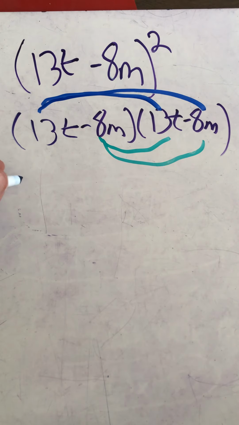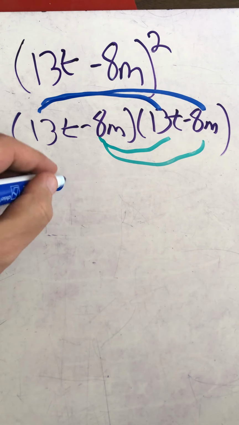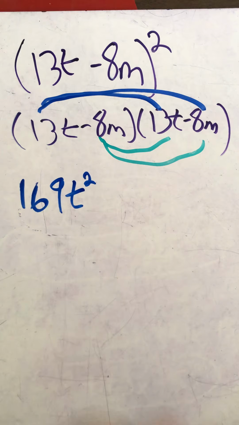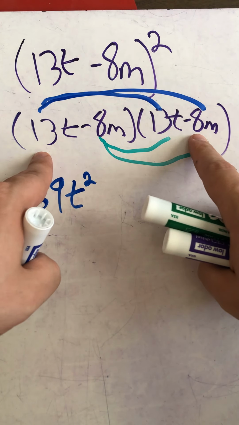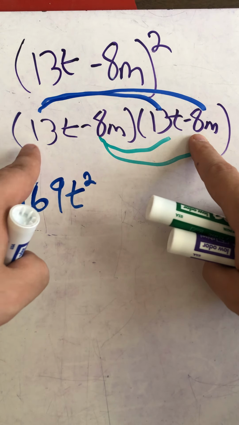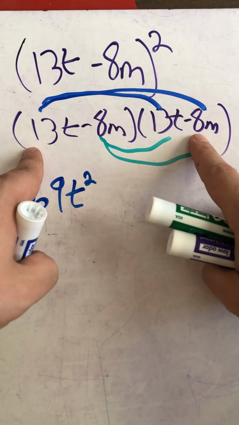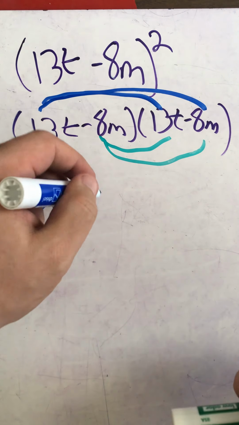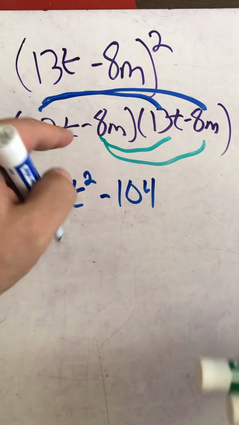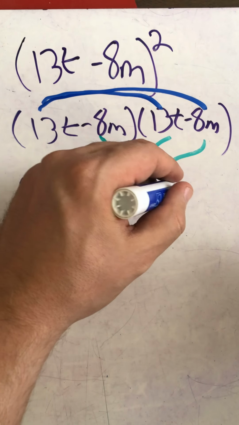13t times 13t is 169t squared. 13t times negative 8m. Let's see, 13 times negative 8. 10 times 8 is 80. 3 times 8 is 24. 80 plus 24 is negative 104. We have both t and m with it.